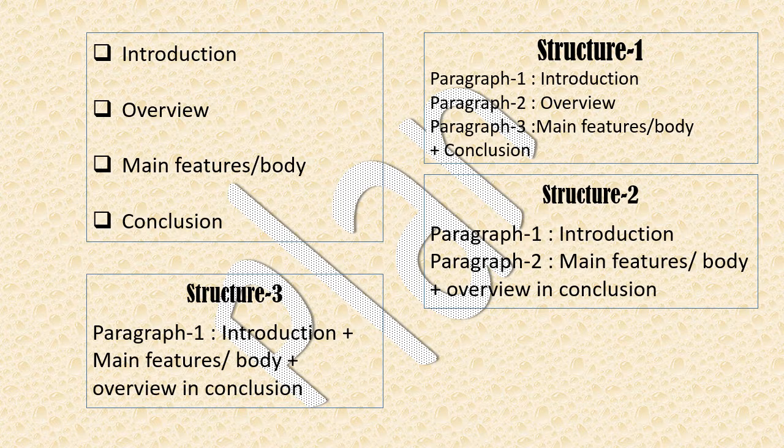And if you follow the last or third structure, then you will write almost the same things as structure 2. The only difference between structure 3 and structure 2 is that in structure 3 everything will be written in one paragraph. You can follow any one of the three structures.